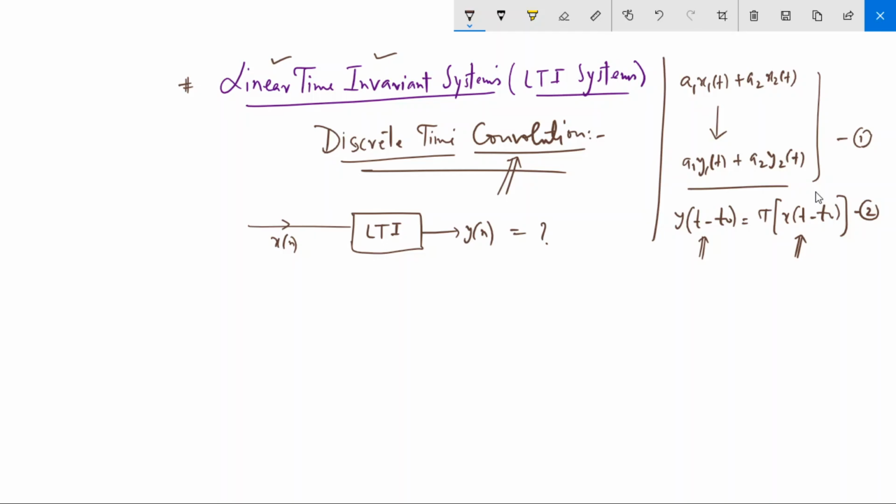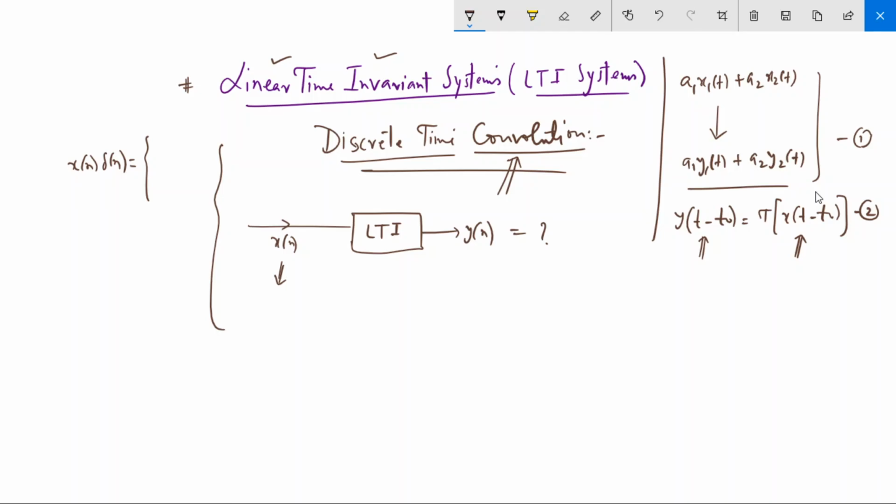Okay, now for this we take the help of the unit impulse signal again, delta n. The delta n signal has a property that if you multiply x of n with delta n, you will get only the sample at n is equal to 0.